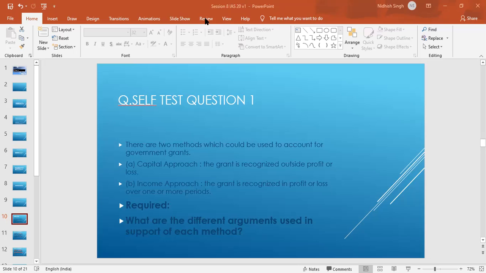But then the question is which one sounds closer to the economic reality? Which reflects the economic reality better, the capital approach or income approach? It's one thing that it will reflect the balance sheet better, or it will attract more investors. That's one perspective. But from the accounting perspective, we should be more related to what is the right approach to reflect your economic reality or the financial position.